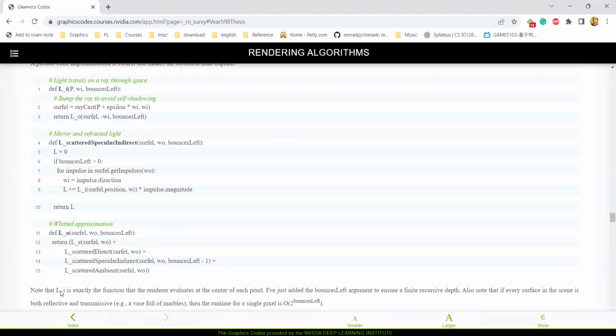Note that I is exactly the function that render evaluates at the center of each pixel. I've just added the bounces left argument to ensure a finite recursive depth. Also note that if every surface in the scene is both reflective and transmissive, then the runtime for a single pixel is O of 2 to the bounces left.